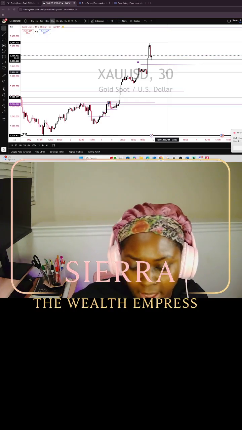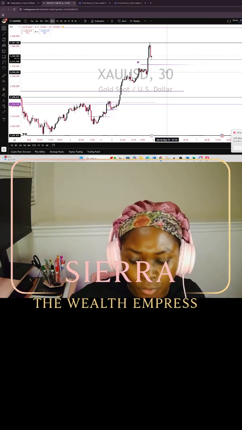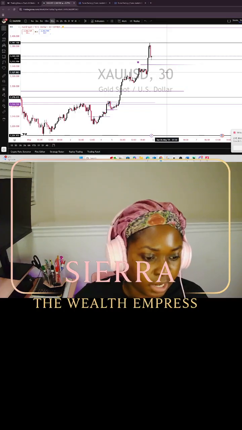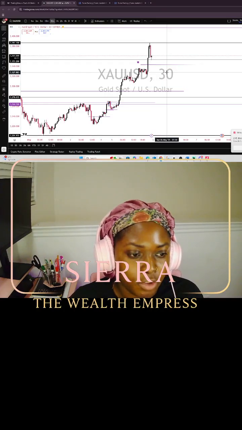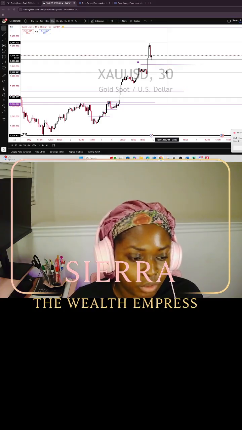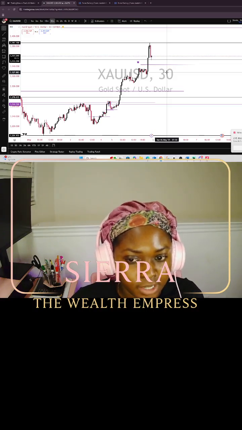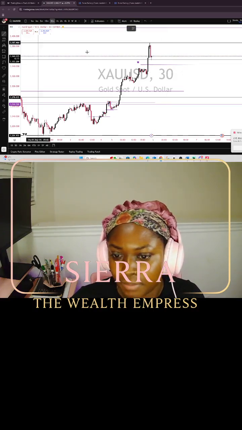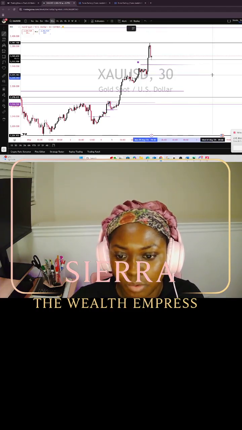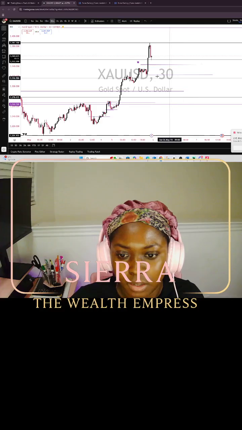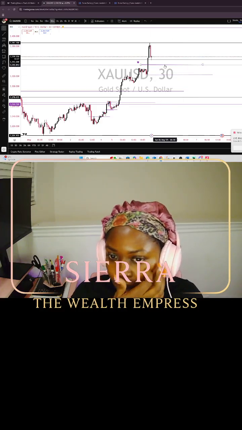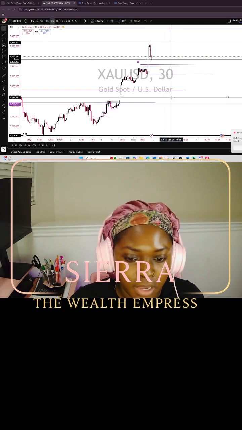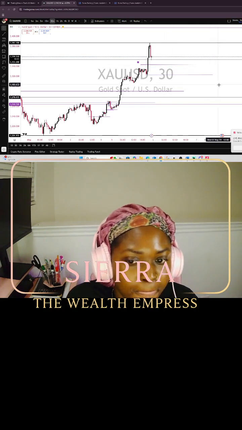So price didn't come back into the zone. Remember, you mark up your CRT range, and then you wait for price to run the range, and then you wait for price to come back in the zone and break structure with a fair value gap. Now, price already gave us a fair value gap, and then we could wait on this break of structure here. And then once price breaks structure, let it pull back, okay? And then you can sell it to 50%.